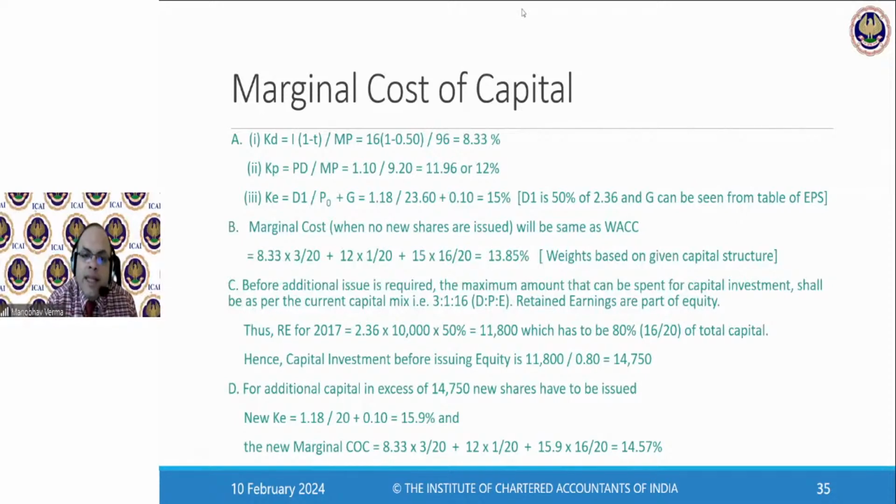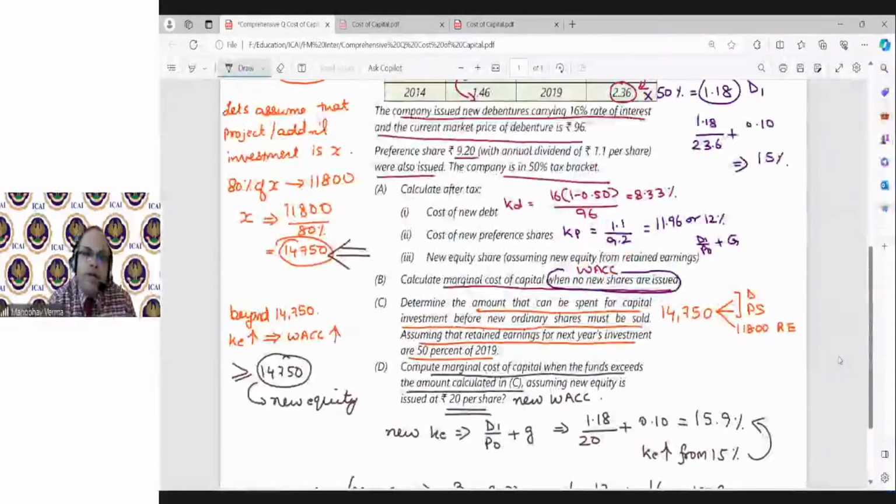Had the question given us some additional information to change the cost of debt, which is not the case, of course, we would have incorporated it. If you see point number A, we calculated the cost of new debt and the cost of the new preferences. And assuming that it was the same proportion, that's why we are using the same proportion. This is exactly what I answered to Harish's question as well.